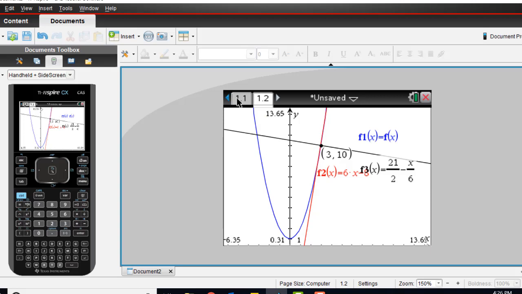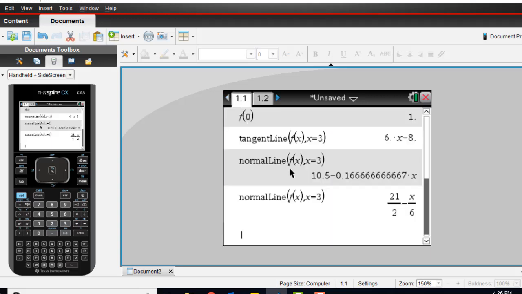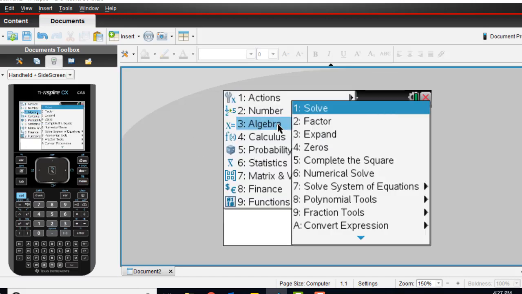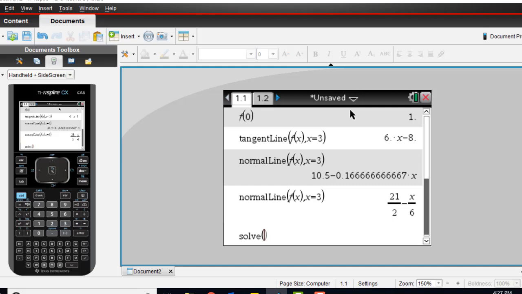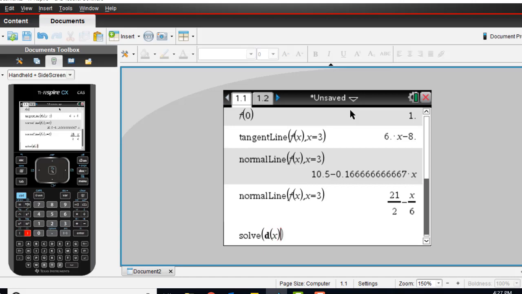I guess that's the main functions, but you can also solve inequalities, not just equalities. Say you wanted to know where the gradient was negative, we can go menu, algebra, solve. We want the gradient being negative, so d of x, which I've defined, less than 0.